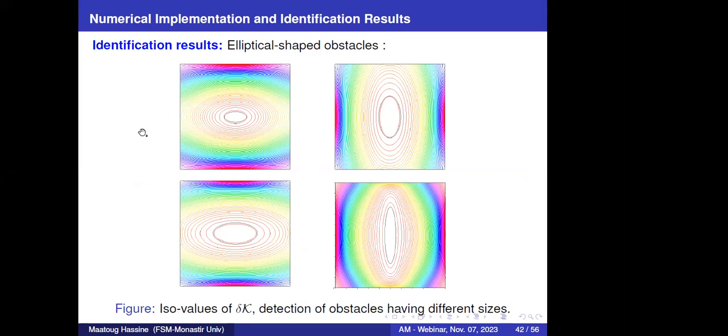And we conclude here that our detection algorithm detects the size and the location of the unknown obstacle.